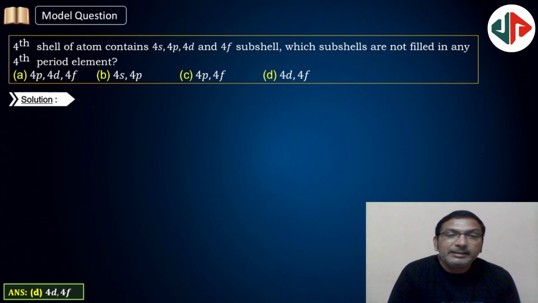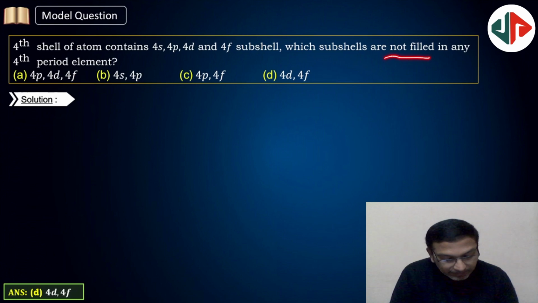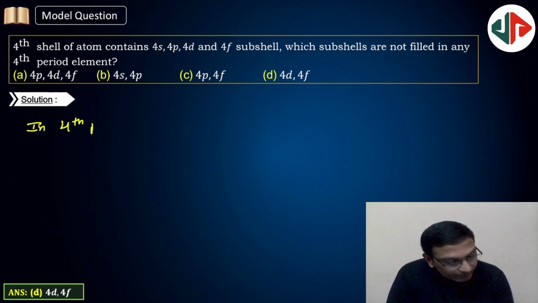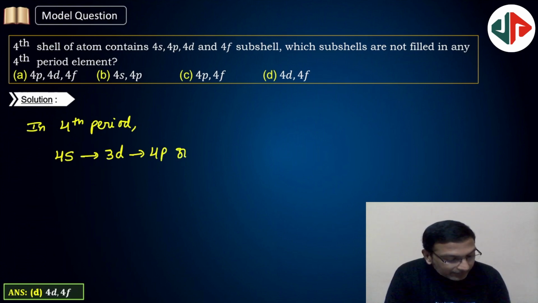Fourth shell of an atom contains 4s, 4p, 4d, 4f subshells. Which subshells are not filled in any fourth period elements? In the fourth period, first s block, therefore 4s. After completion of 4s, next 3d, next 4p orbitals are actually filled.